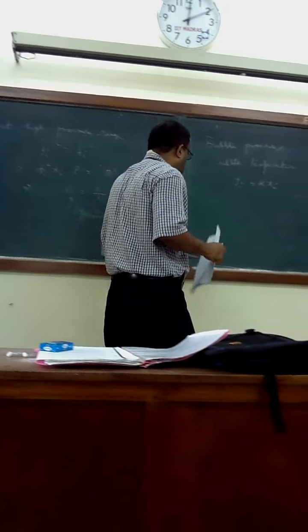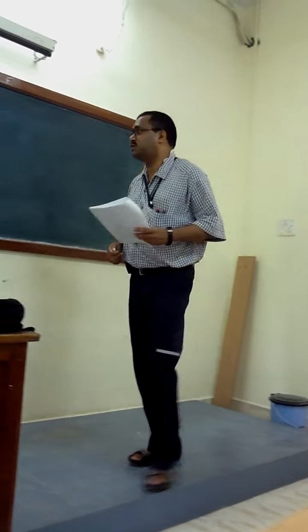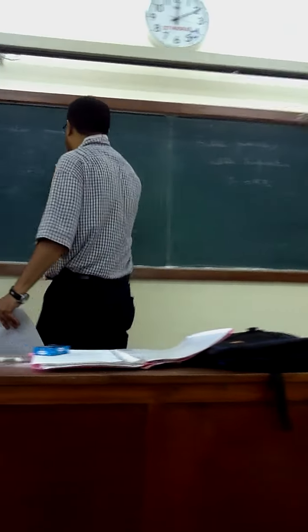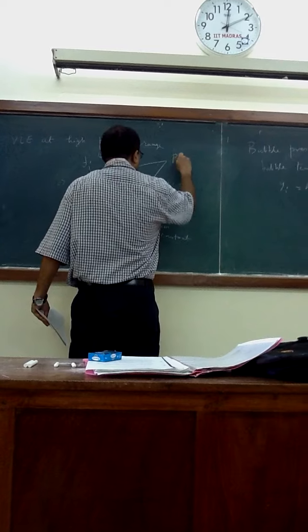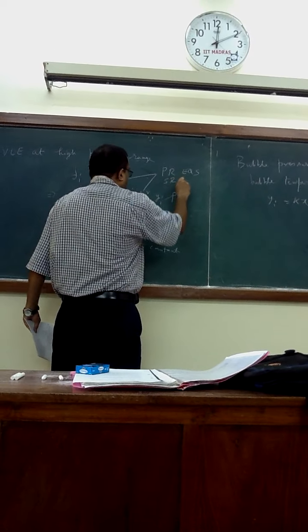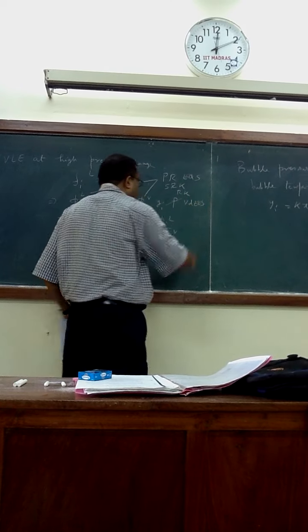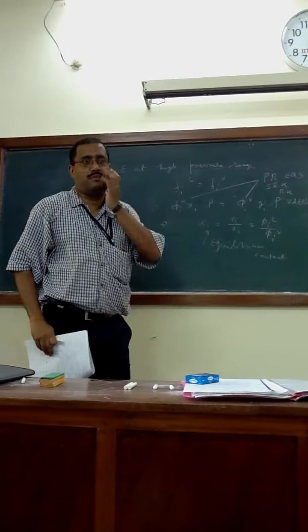After that you can calculate the fugacity coefficient. This fugacity coefficient has to be calculated based on an equation of state, such as Peng-Robinson, Soave-Redlich-Kwong, Redlich-Kwong, or if you want, van der Waals. Whatever works, but I prefer the Peng-Robinson equation of state.